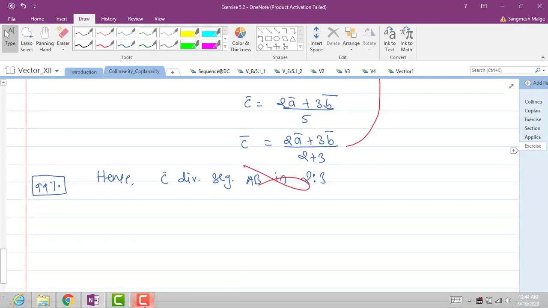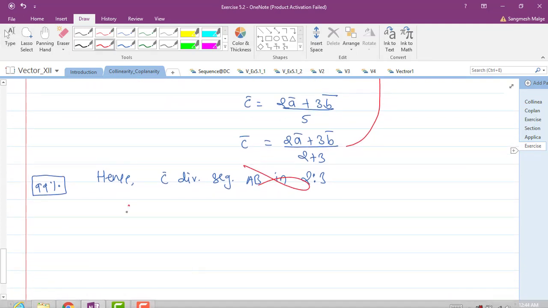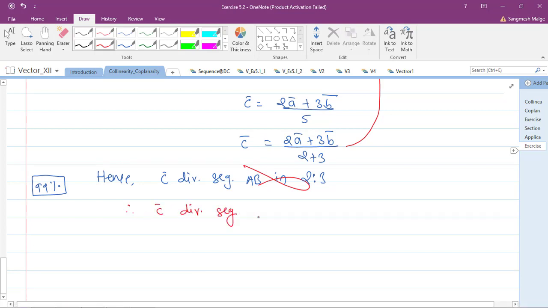C divides the segment AB in the ratio 3:2. Therefore, C divides the segment AB in the ratio 3:2. This is absolutely correct. If you want to write 2:3, then instead of AB, write BA. Now it becomes correct.